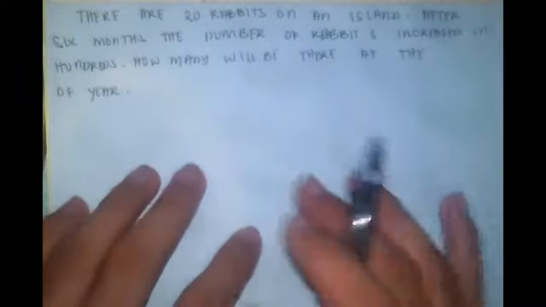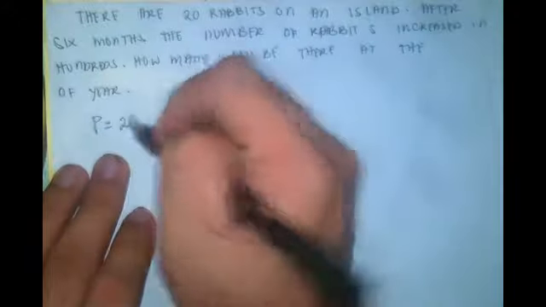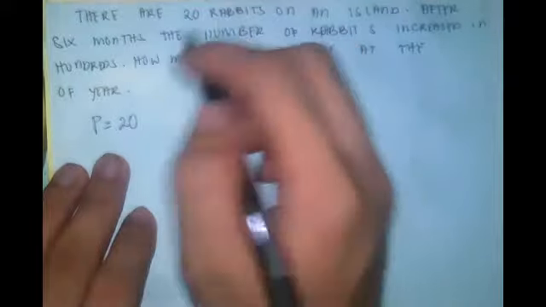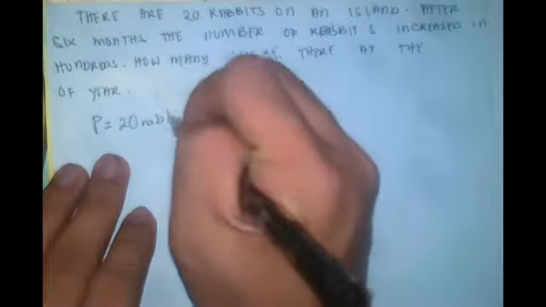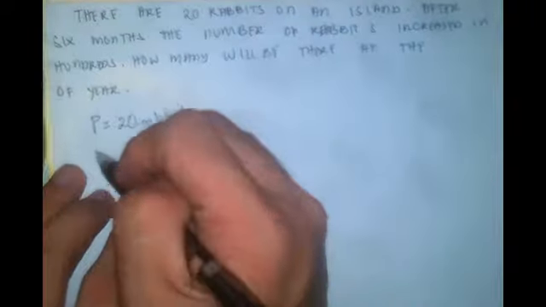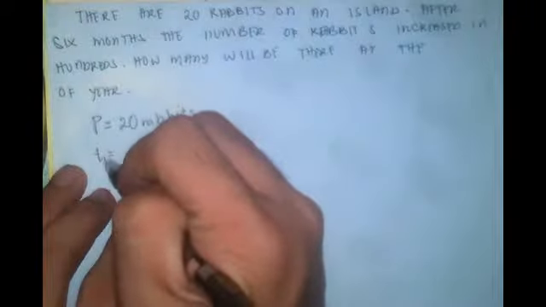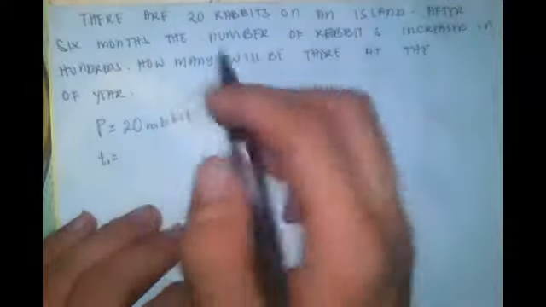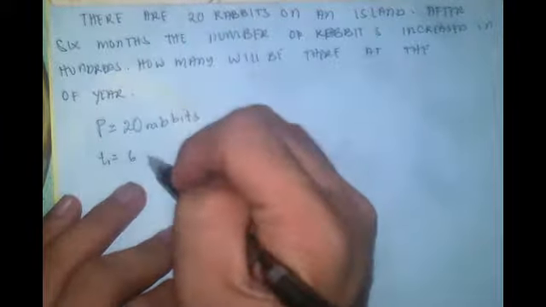Like in the first example, P is equal to 20 rabbits. After 6 months, the time gap to get the rate is 6 months.